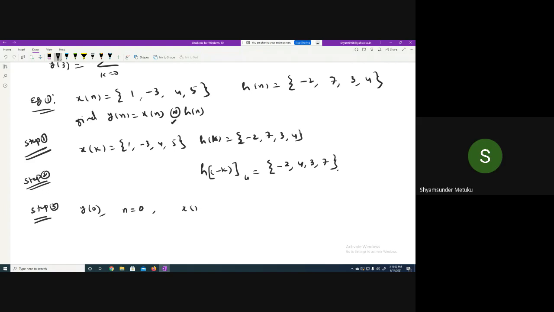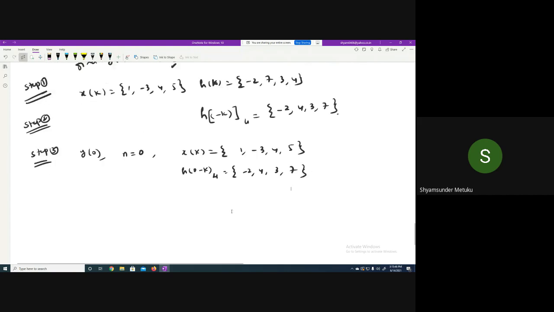So x of k I will write first here: 1, minus 3, 4, 5. And h of 0 minus k, which is given by h of minus k only: minus 2, 4, 3, 7. Yes or no? Correct or not?